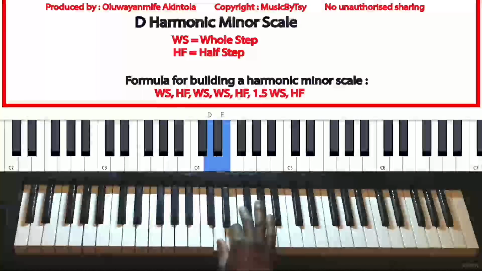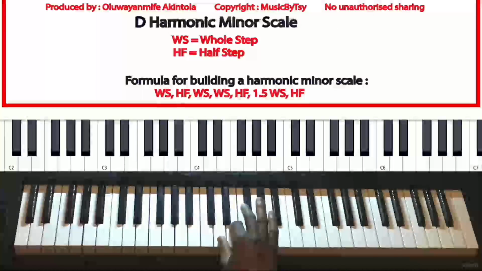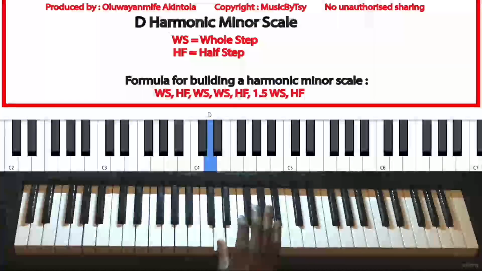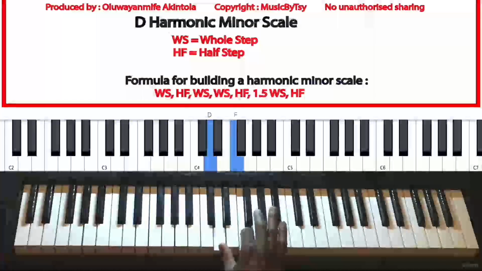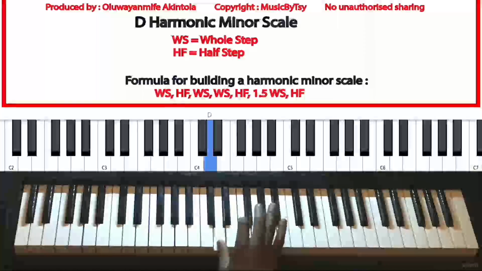Therefore, this means that I've moved by a whole step. Now moving from one key to another key and skipping two keys in between is known as moving by 1.5 steps. So if you move from one key to another key and you skip two keys in between, then that means that you've moved by 1.5 steps.